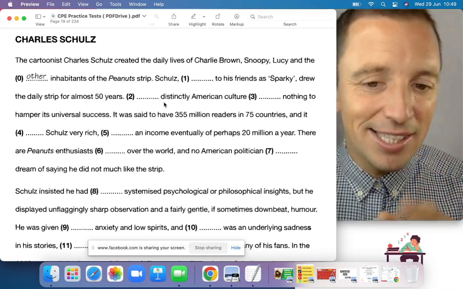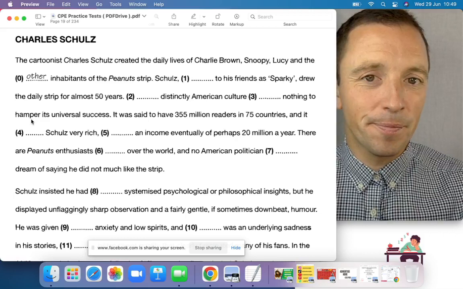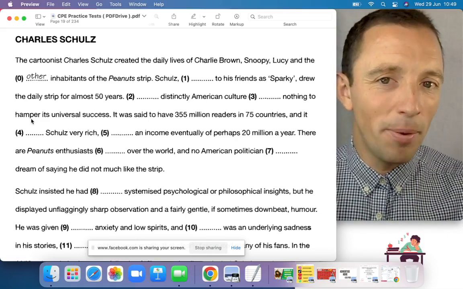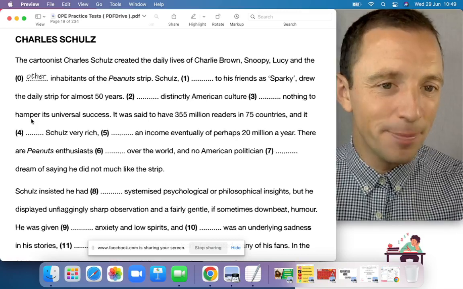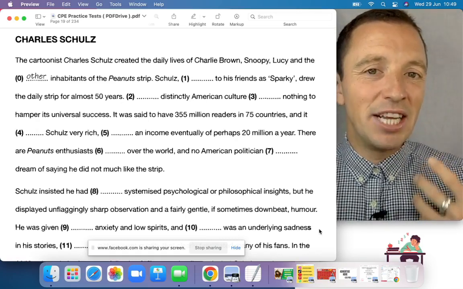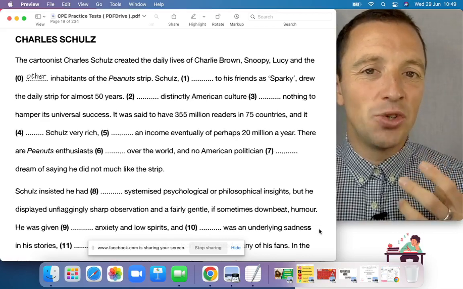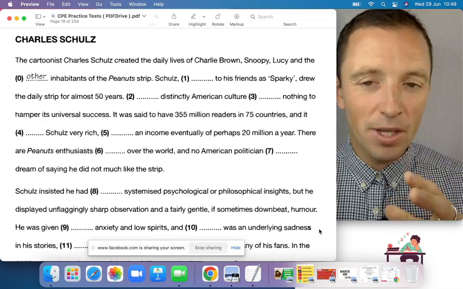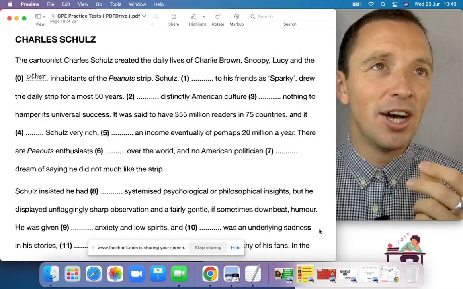There's a fantastic verb here, to hamper, and this means to limit or to stop or to prevent. For example, I have an injury in my muscle and this injury is hampering my movement. So to hamper means to restrict or to prevent.